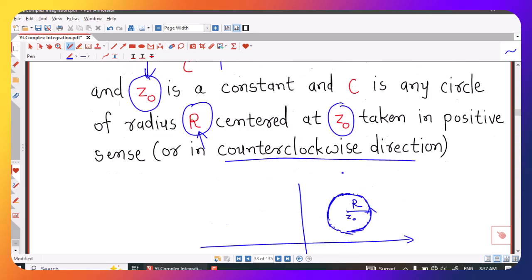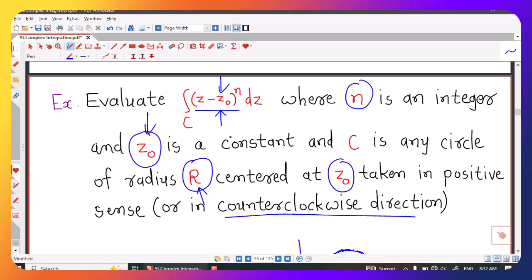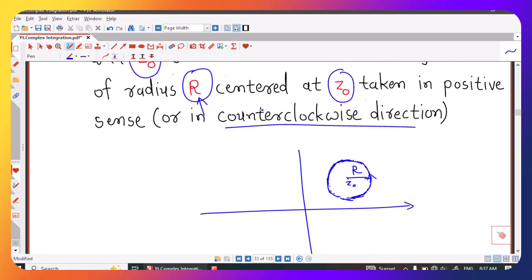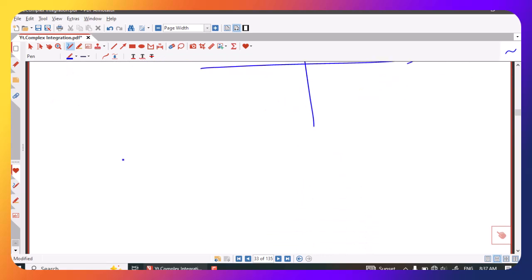So the method is the same. First we have to represent our contour in parametric form, and then we will write z minus z0 in the form of a single variable, which we will consider as our parameter in the representation of the circle.